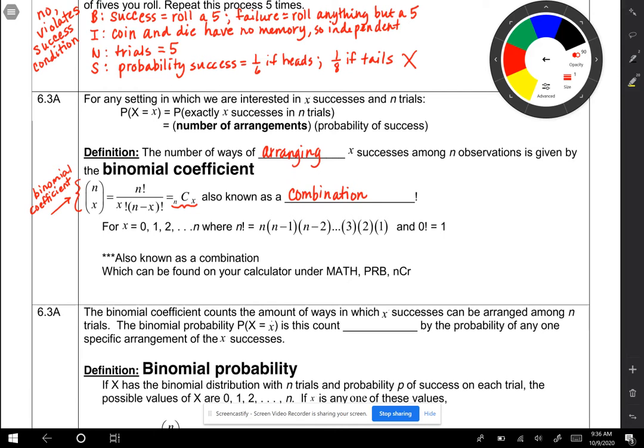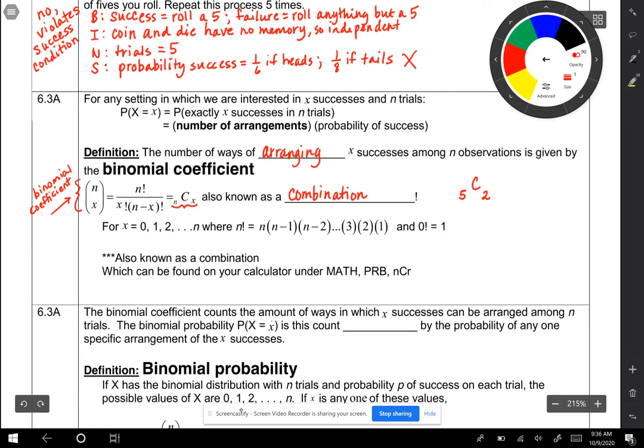So if you wanted to do something like this, let's see, I am going to give you something like you have 5 trials, and you want exactly 2. How many different ways can you arrange it? So 5 choose 2. And so this is how you would do it.